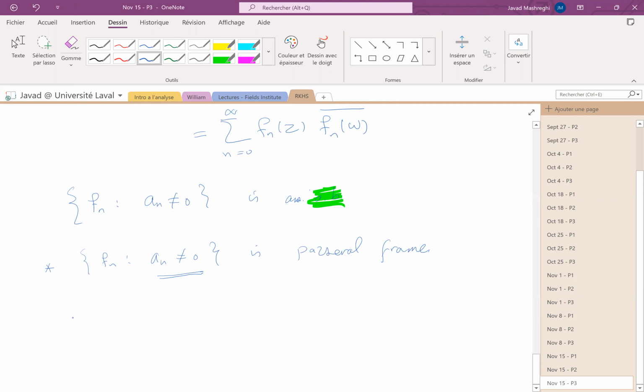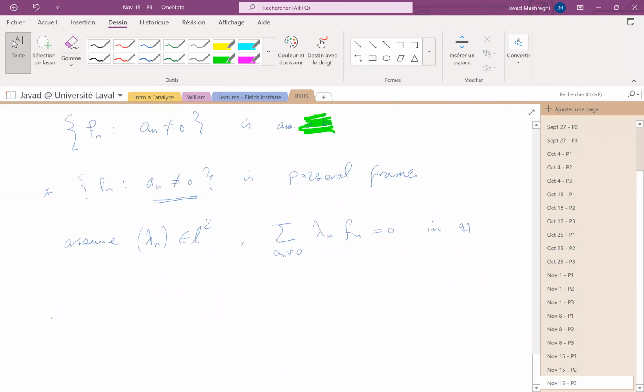But for that, assume, say, lambda n, not to mix with the other one, is in L2, and consider the sum of lambda n Fn over An not equal to 0 in that H. So the convergence is in H, but we know that convergence in norm implies pointwise convergence.